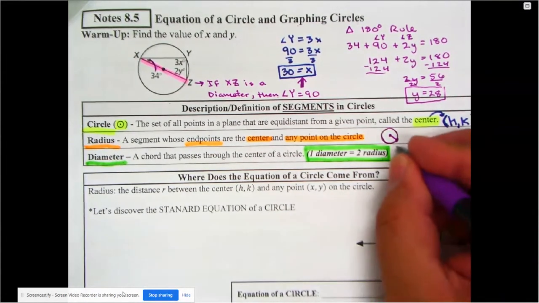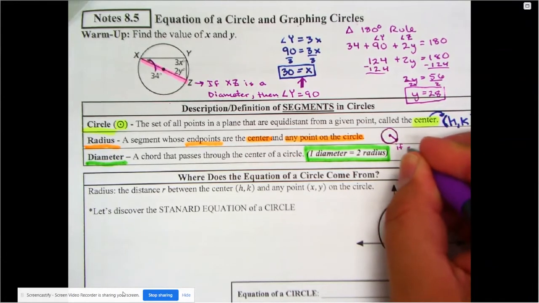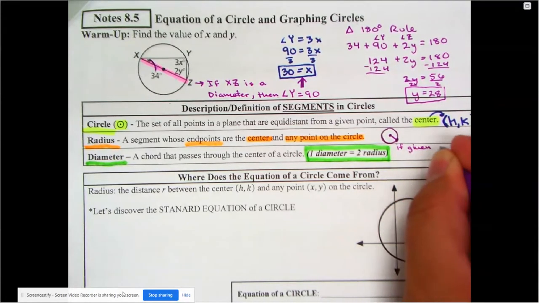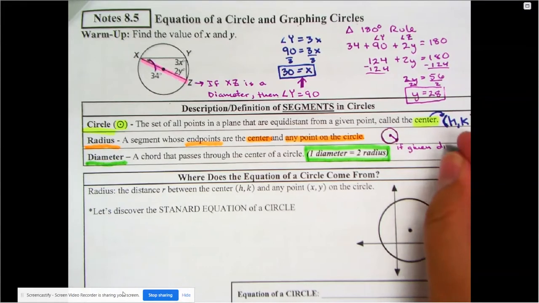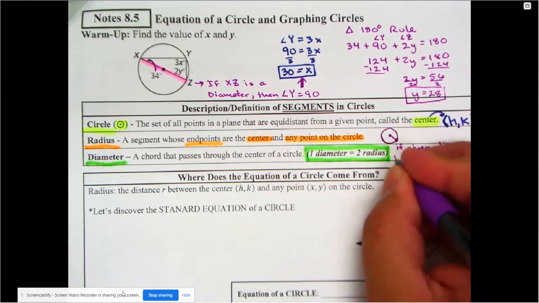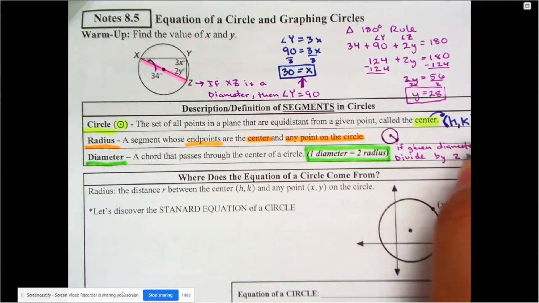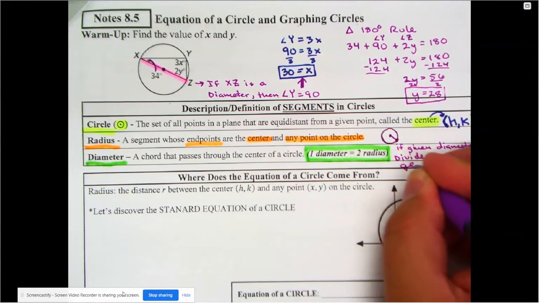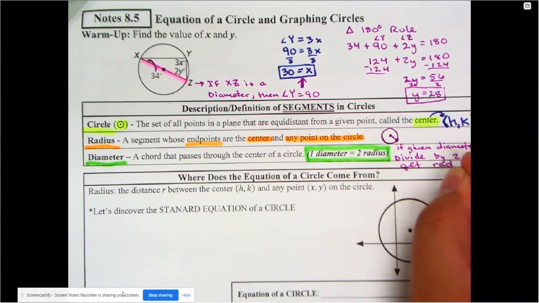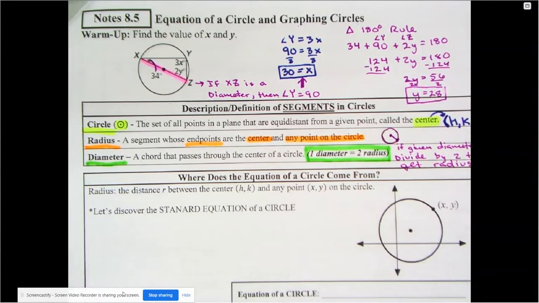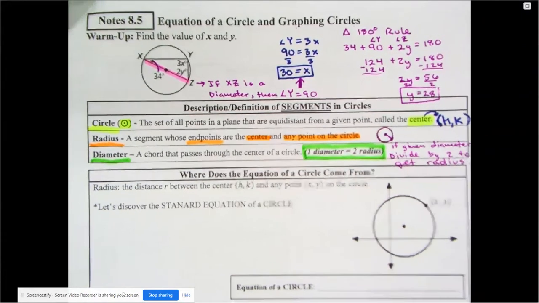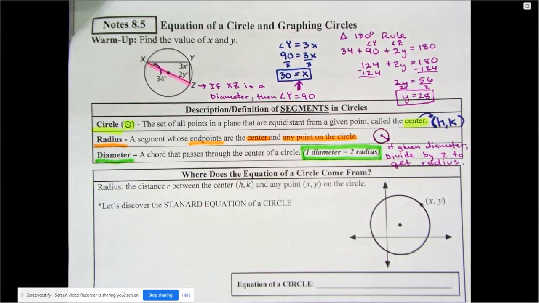So if given diameter, divide by 2 to get radius. All right, so we're going to divide it by 2. That's the whole point of that little note, that one diameter is equal to 2 radius.